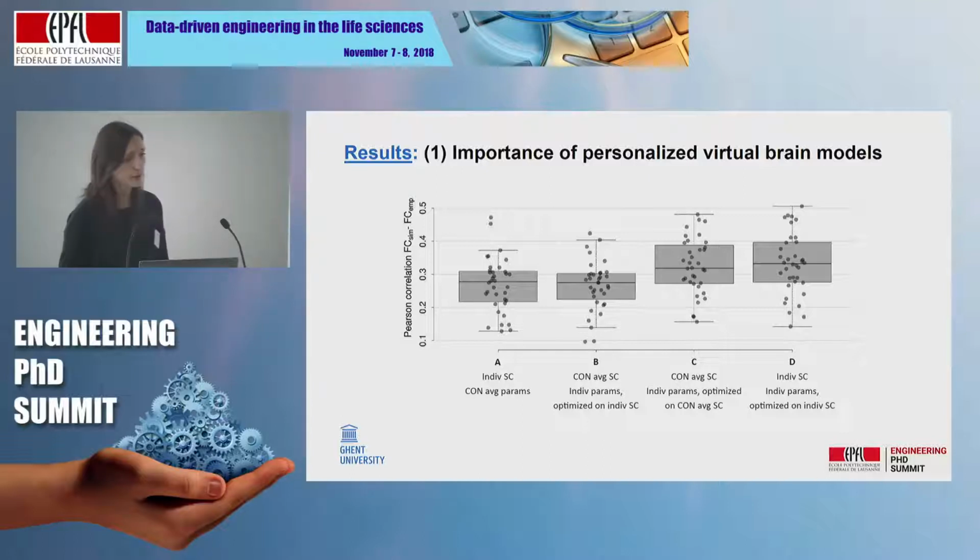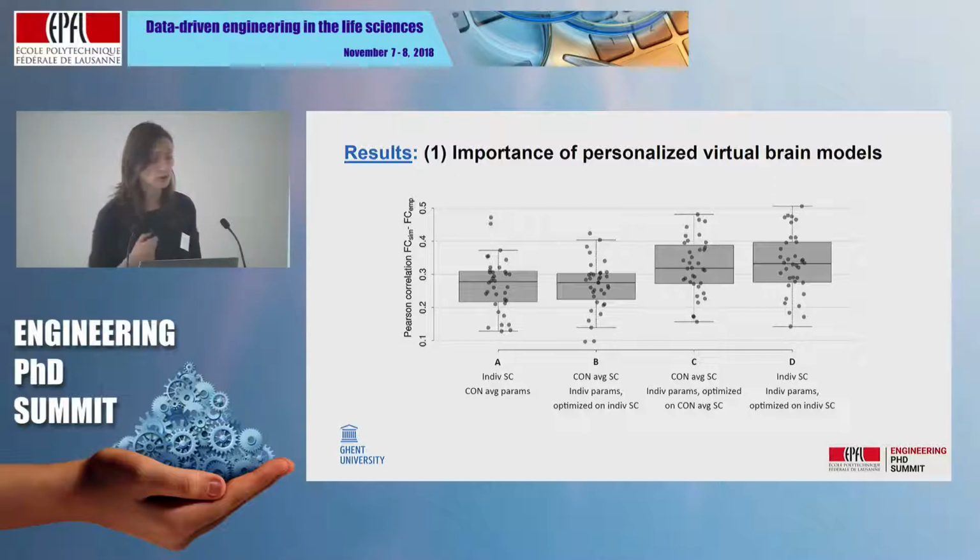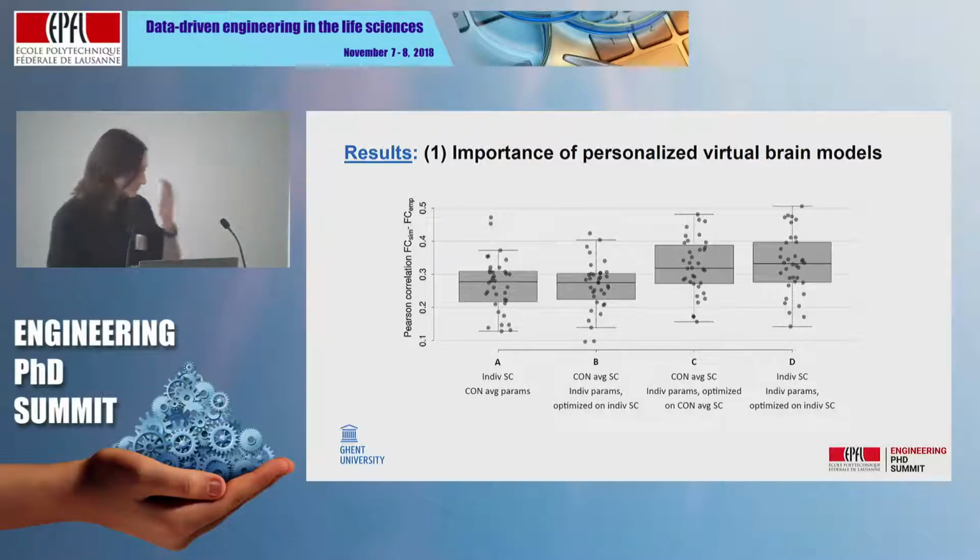So in the future, once we start making even better structural connectomes with higher resolution data or more high quality data, more fine-grained parcellation schemes, this could then possibly be improved. But for now, we can remember that it pays off to optimize the model parameters.